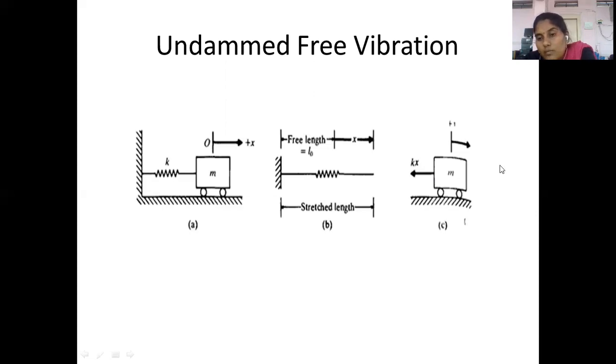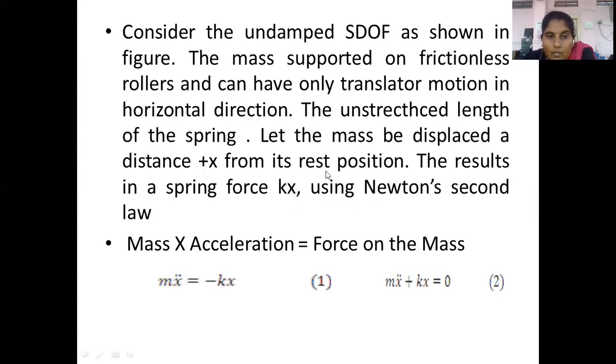And the external force is 0. Kx is in the opposite direction to mx double dot: kx is in the negative direction, mx double dot is in the positive direction. Based on this, we can write the equation as mx double dot is equal to minus k into x. So the total equation becomes mx double dot plus kx equal to 0.